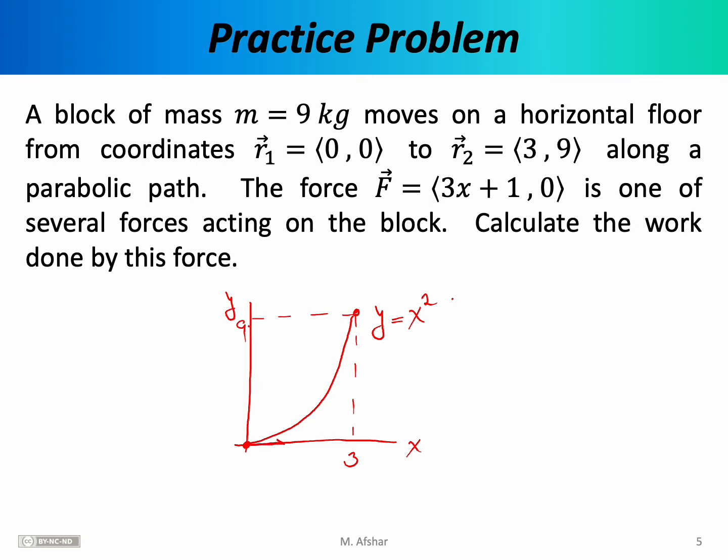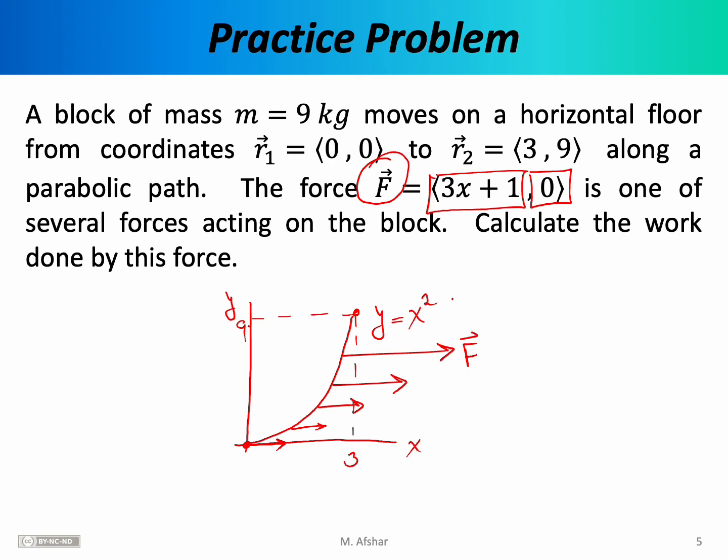Initially, the force points like so, and then as the x variable increases, the force becomes bigger and bigger and bigger. So these vectors pointing to the right represent this force here. Notice that there is no y component, and the x component is gradually getting bigger and bigger.